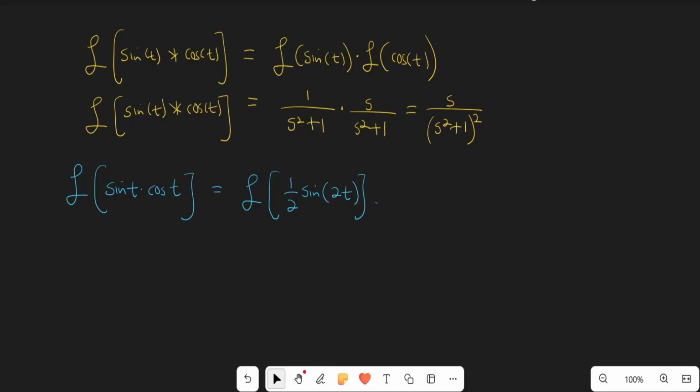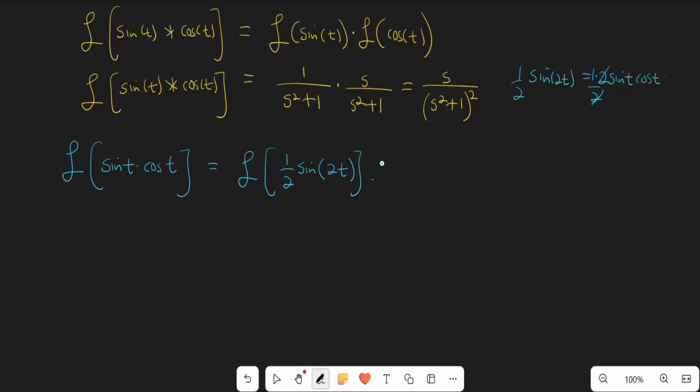Because from the double angle identity, you know that sine of 2t is 2 times sine of t and then cosine of t. So if we divide by 2, we can do the same thing to the right hand side, and then this will cancel that. Then we'll have sine of t times cosine of t equal to 1/2 times sine of 2t. So this is what we have.